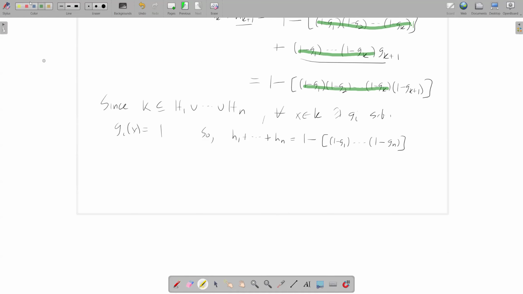So this equals 0 in that case, and then h1 plus all the way out to hn, the sum of all the h's, equals 1. That implies that (h1 plus ... plus hn)(x) equals 1 for x in K. So that's why we set it up like that, and that gives me my finite partition of unity.